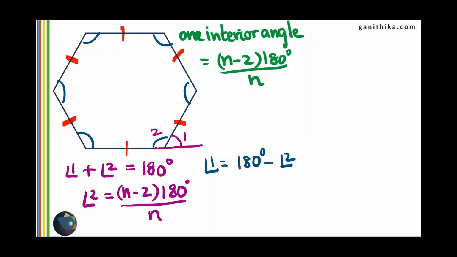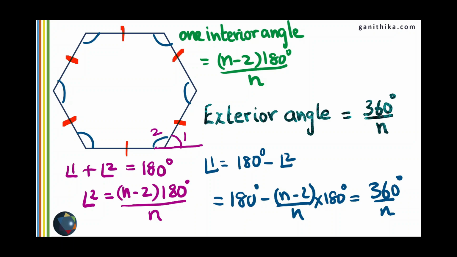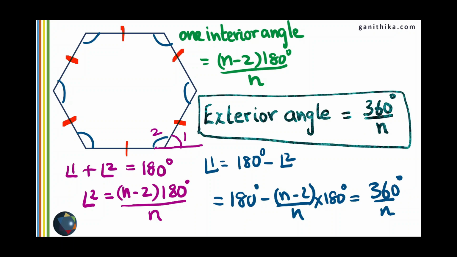Therefore, this is equal to n minus 2 times 180 degrees by n, which is the formula just given. Comparing these two, angle 1 can be written as 180 minus n minus 2 over n times 180 degrees. Simplifying this, you will get angle 1 is equal to 360 degrees over n. Therefore, the exterior angle is equal to 360 degrees divided by the number of sides of the polygon, and in this case the polygon should be a regular polygon.